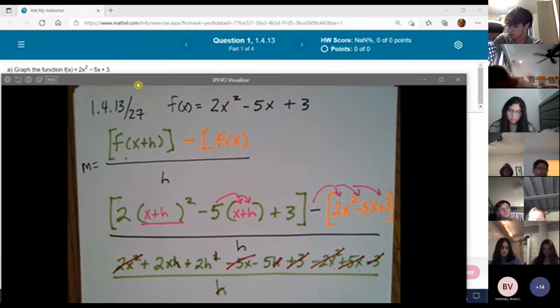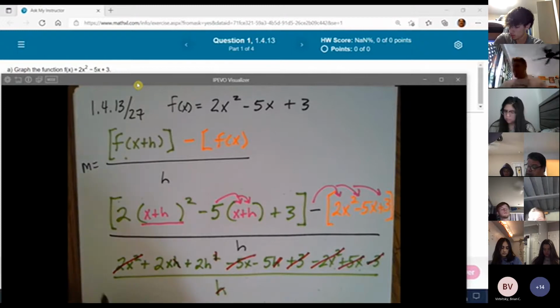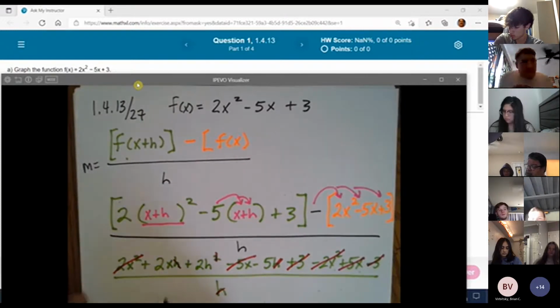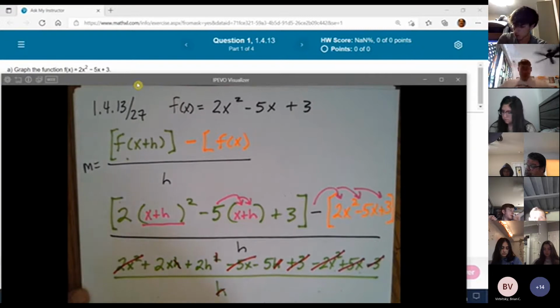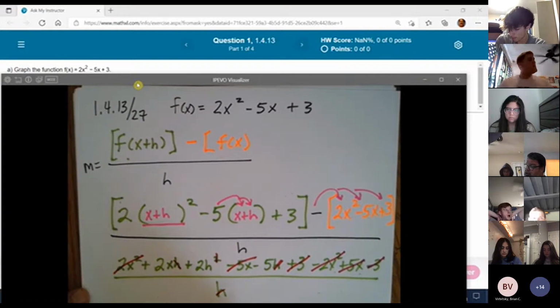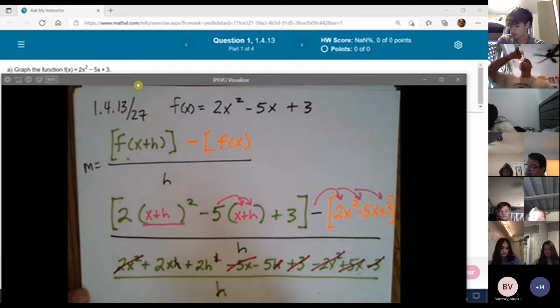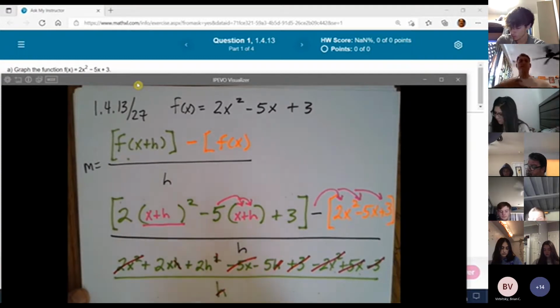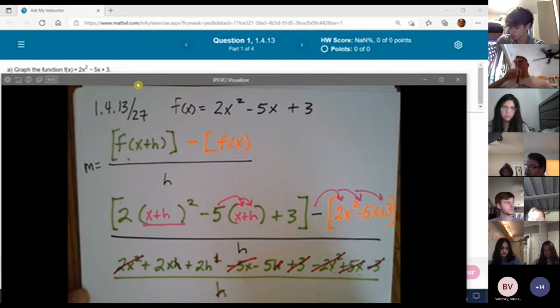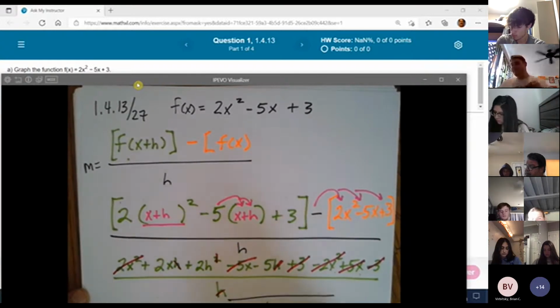So the derivative, or partial derivative of this function, is equal to 2x plus 2h minus 5, and the limit as h approaches 0 is going to be 2x minus 5, and that is the derivative.